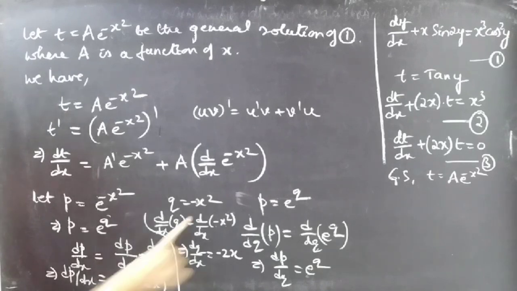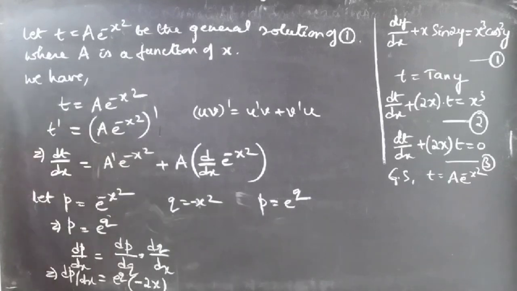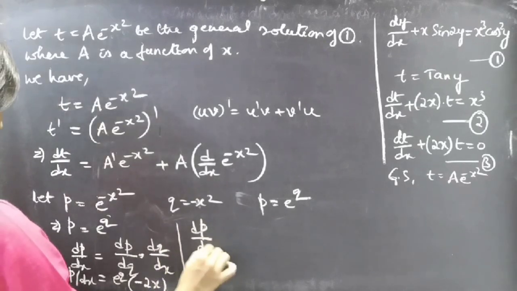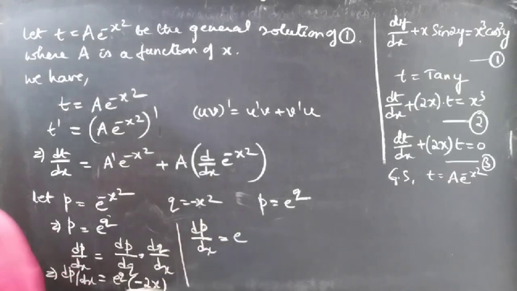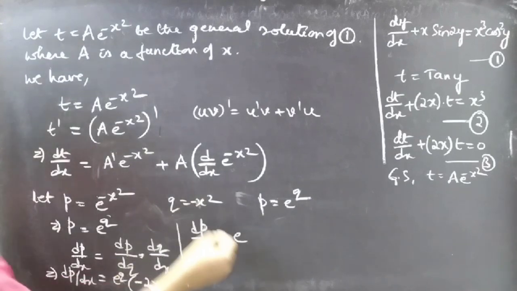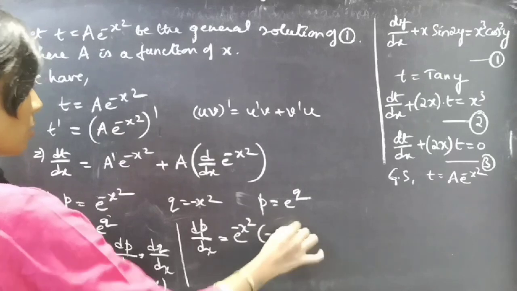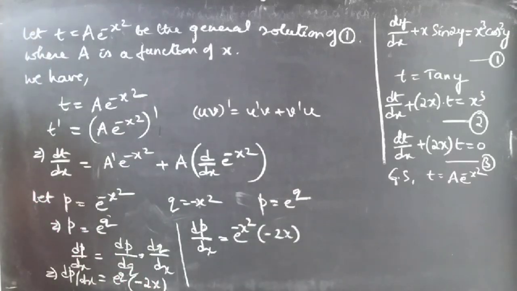Now replace this q with minus x square. Then we'll get dp by dx equals to e power minus x square into minus 2x, right?